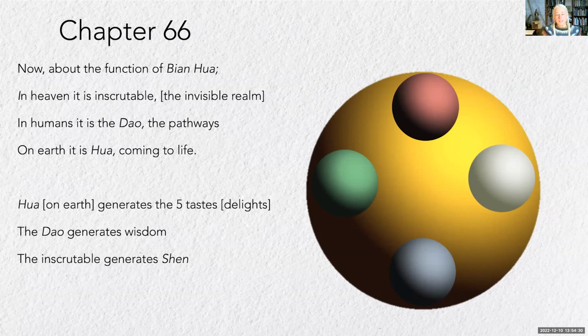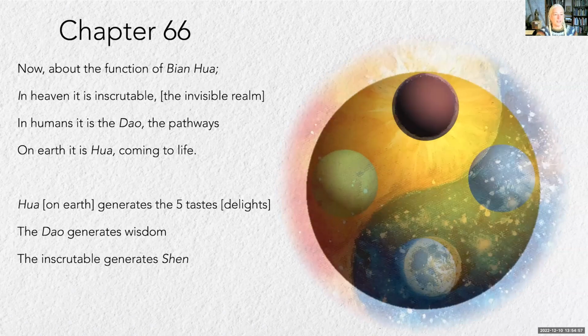So in a way, the 5 delights are like our ability to desire and take in life from the earth. The Tao generates wisdom, the inscrutable generates Shen, or spirit, this invisible realm.